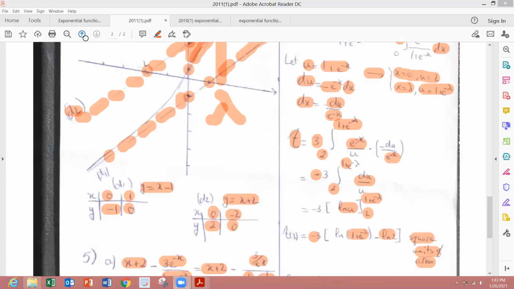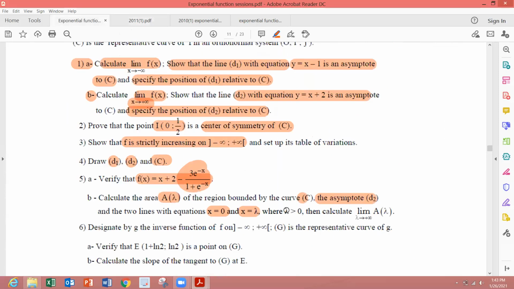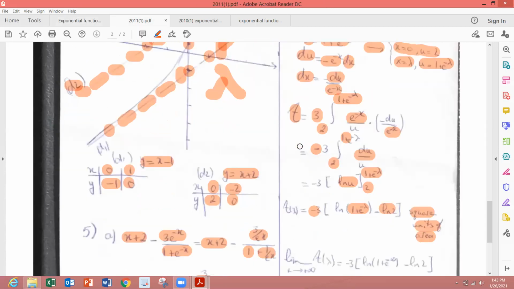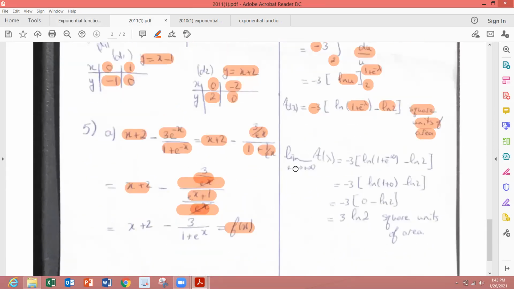Now after that we have to calculate the limit as lambda tends to plus infinity of a lambda. The limit as lambda tends to plus infinity of a lambda equals minus 3 times ln of 1 plus e to the minus lambda minus ln 2.